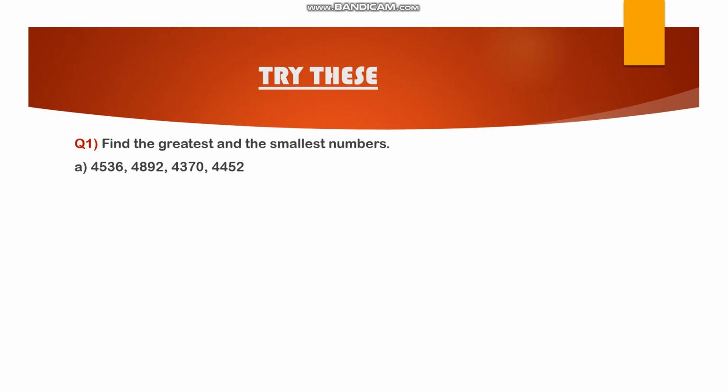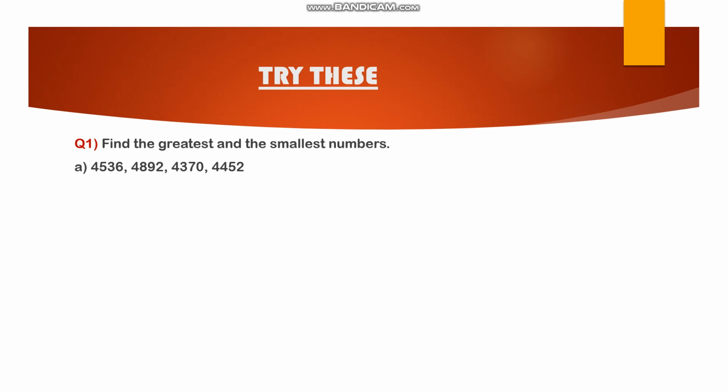Here we can understand all the numbers are 4-digit numbers. So we have to compare these numbers by using the second procedure, which we discussed just now. According to the second procedure, we have to check the leftmost digit.